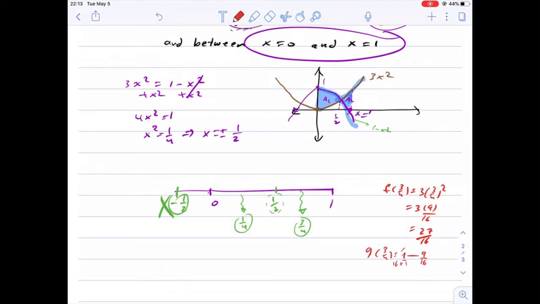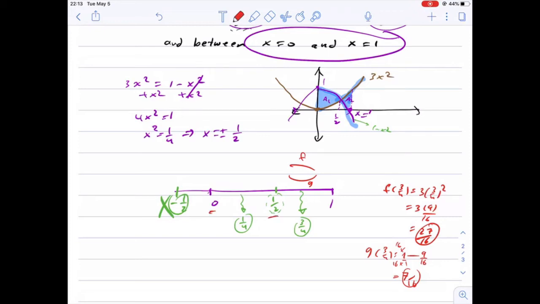Now get a common denominator, multiply by 16. 16 minus 9 is 7/16. And as we can see, 27/16 is larger than 7/16. So that means the top is f and the bottom is g. So that means on this interval, f minus g.